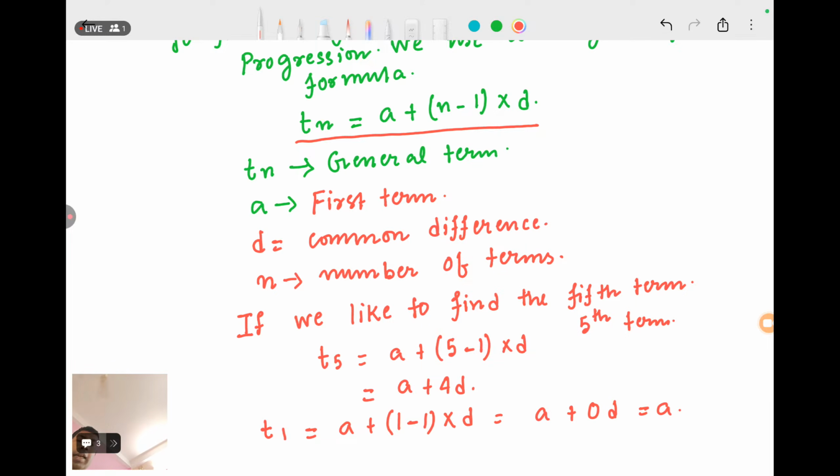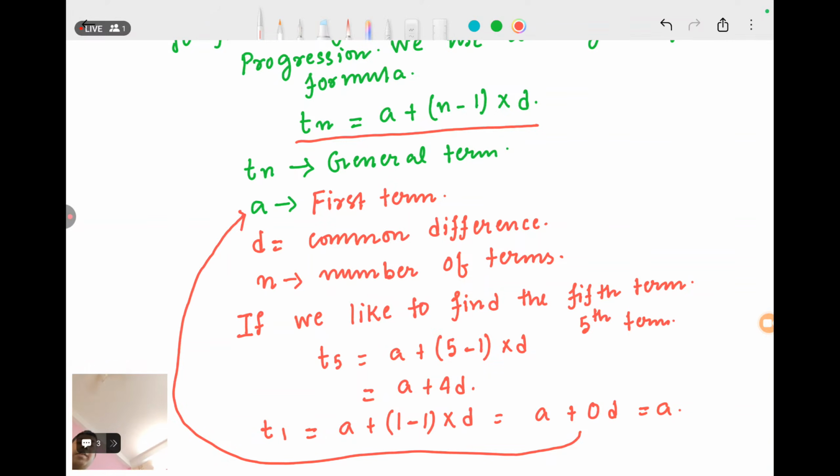So you can see that the first term of the arithmetic progression is always a, that is the number which is written in the starting of a sequence or series. Okay, so it is very easy.